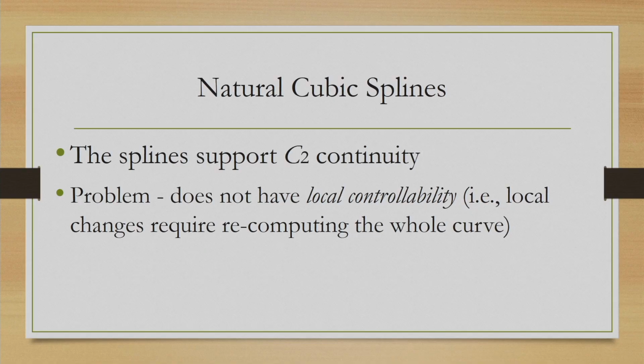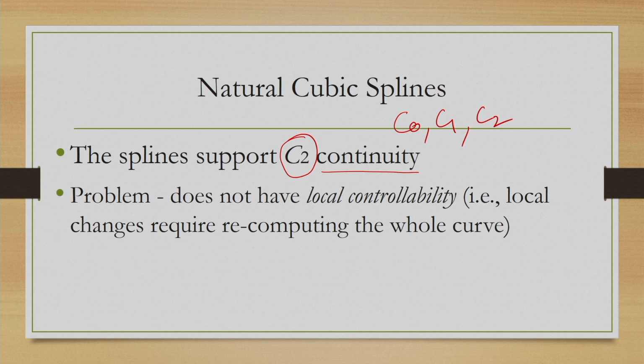Now, another important property that these cubic splines have is that they support continuity conditions up to C2 continuity, parametric continuity up to C2. That means they support C0 continuity, C1 continuity and C2 continuity.